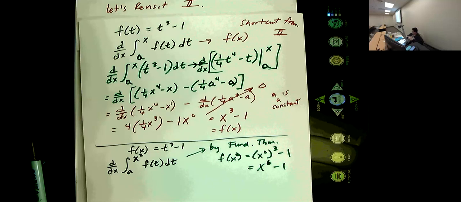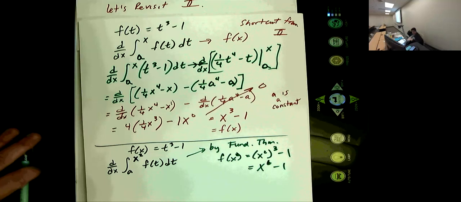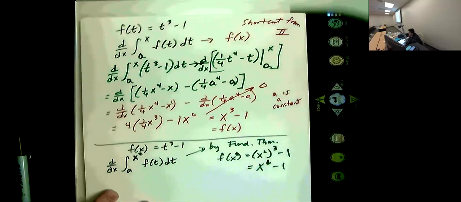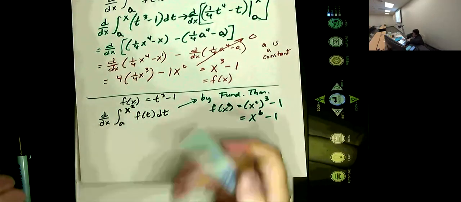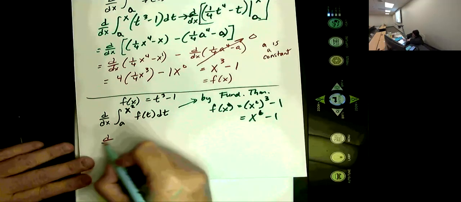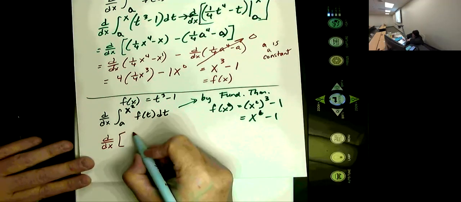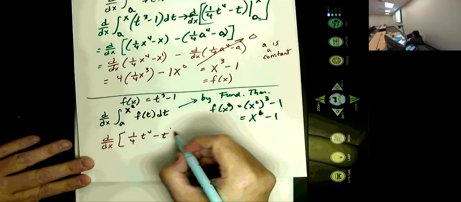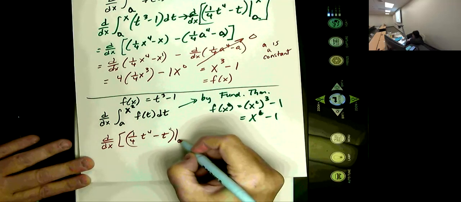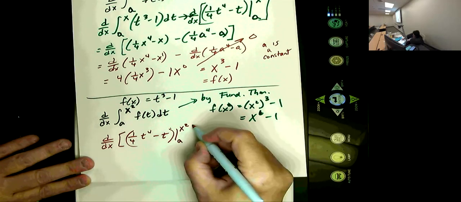What happens if we actually work it out, though? We know the integral already, and it's an easy one to do. We had 1/4 t to the 4th minus t evaluated from a to x squared this time.